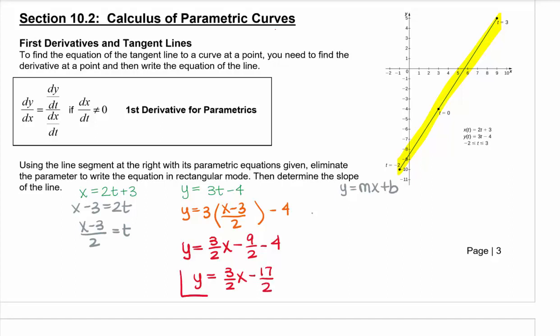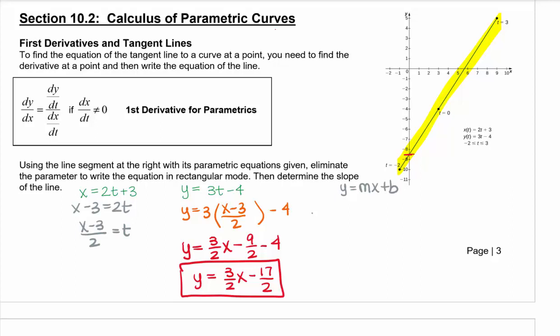If I look at this line in rectangular mode, it should have a slope of 3 halves, so the rise over run should be positive 3 over 2. I'm rising 3, run 2, and that seems to be the case. And negative 17 over 2 is the y-intercept, which is negative 8.5, and that's exactly where that line segment crosses the y-axis. So this seems perfect.